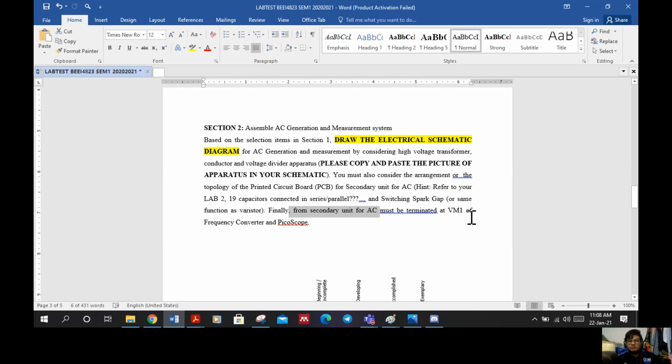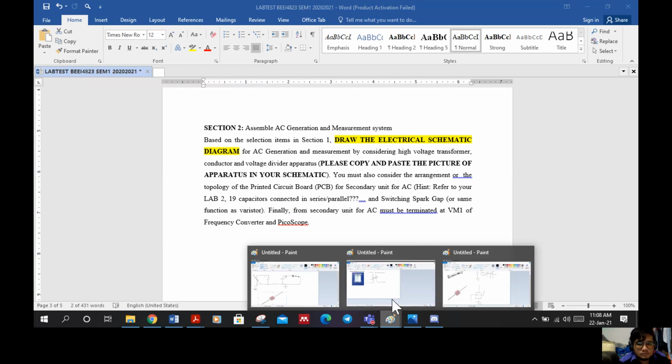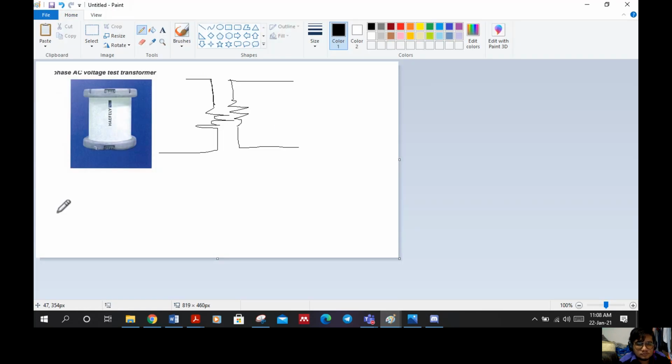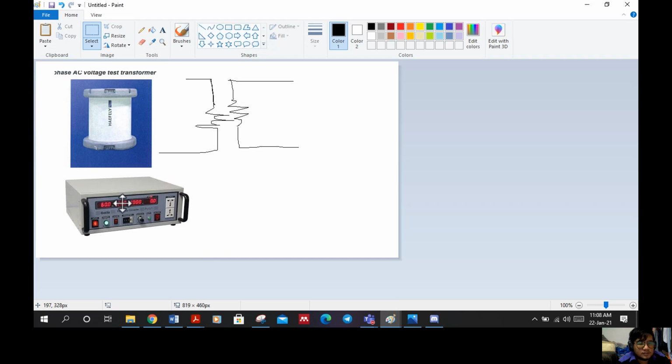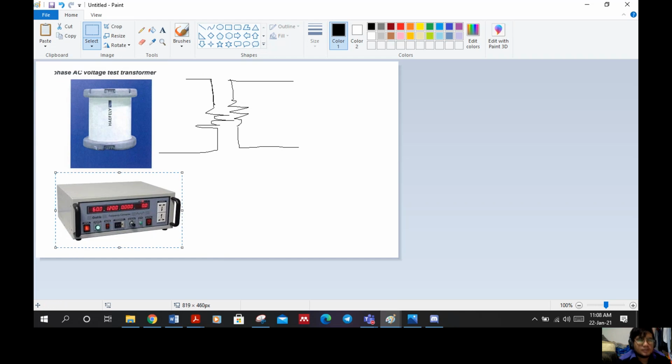So the terminal B1 BM1 is using the coaxial cable. So the frequency converter. So the frequency converter is this one.